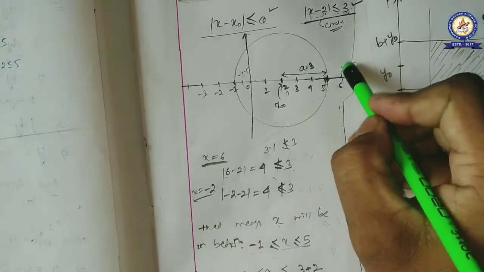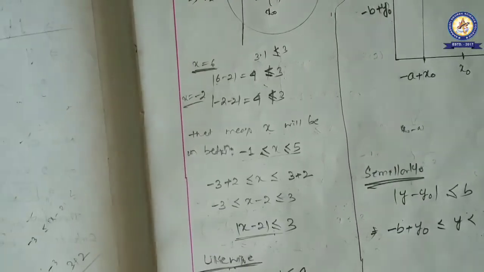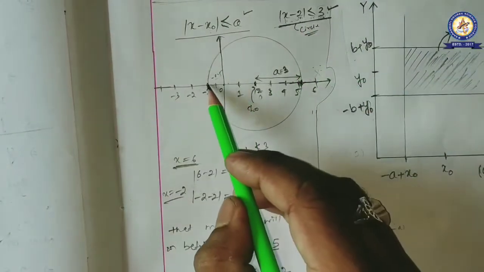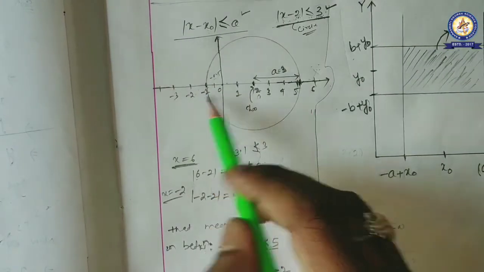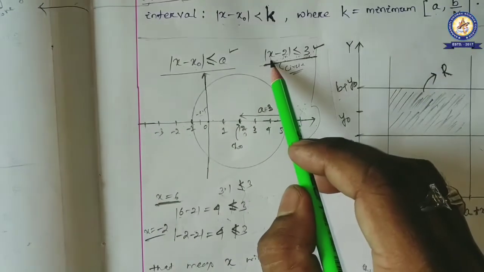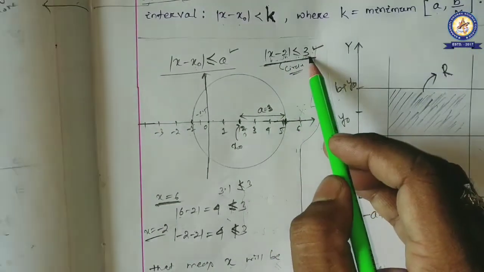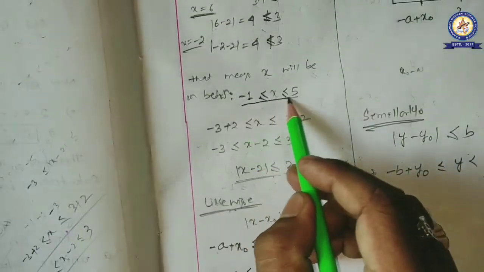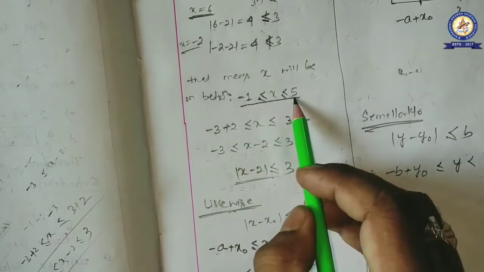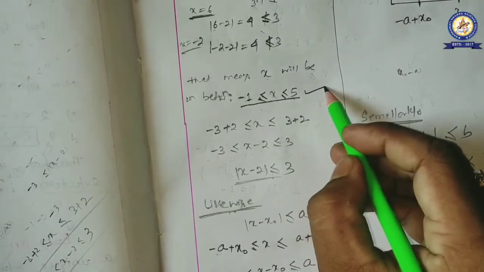So for this equation the minimum point is minus 1 and the maximum is 5. That means the range of |x − 2| ≤ 3 is nothing but minus 1 to 5, x greater than or equal to minus 1 and less than or equal to 5, right?